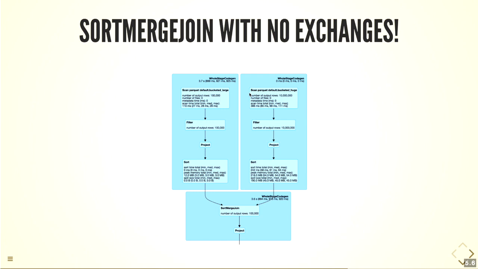For this particular example, I see that I'll have not only fewer codegen stages, but also no exchanges, which is good. I'm pretty sure that this query would beat the previous one. The time to execute it, even including the time needed to bucket your tables, would be better than the previous version, especially if I run this query over and over again.